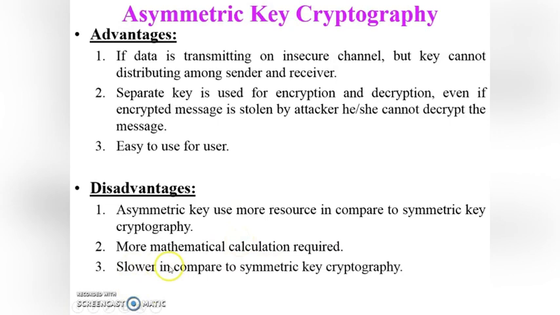First, if data is transmitted on an insecure channel but the key is not distributed between the sender and receiver, and a hacker or attacker captures the message from the insecure channel, they cannot decrypt the message. A separate key is used for encryption and decryption. Even if the encrypted message is stolen by an attacker, he or she cannot decrypt the message easily. Easy to use for the user.